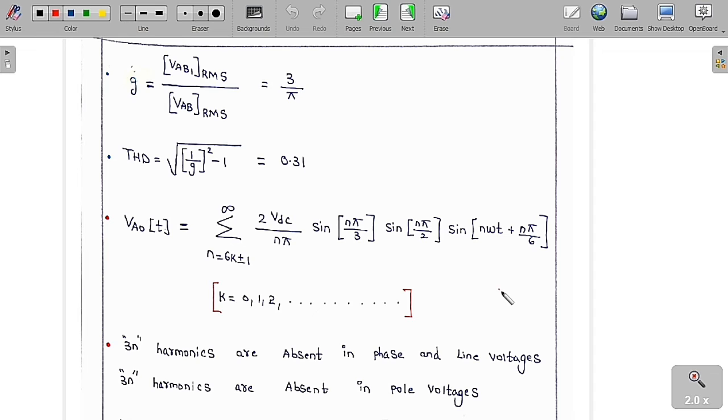So listen carefully. In the 180 degree mode of operation, in both the line voltage and the phase voltage, the 3n odd harmonics are absent, whereas in the pole voltage, the 3n odd harmonics are present. Whereas in the 120 degree mode of operation, the 3n odd harmonics are absent in the line voltage, the phase voltage, and also the pole voltage.